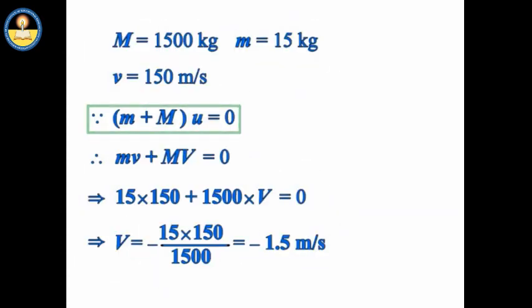Since the initial momentum of the field gun along with the shell is 0, according to the law of conservation of momentum, the final momentum of the field gun and the shell should also remain 0. That gives the velocity of the field gun equal to 1.5 meters per second, and the negative sign indicates the recoiling of the gun.